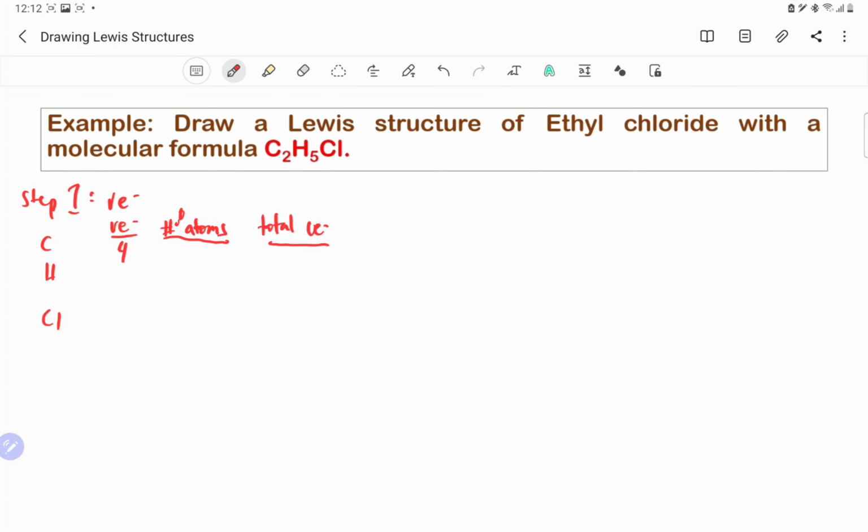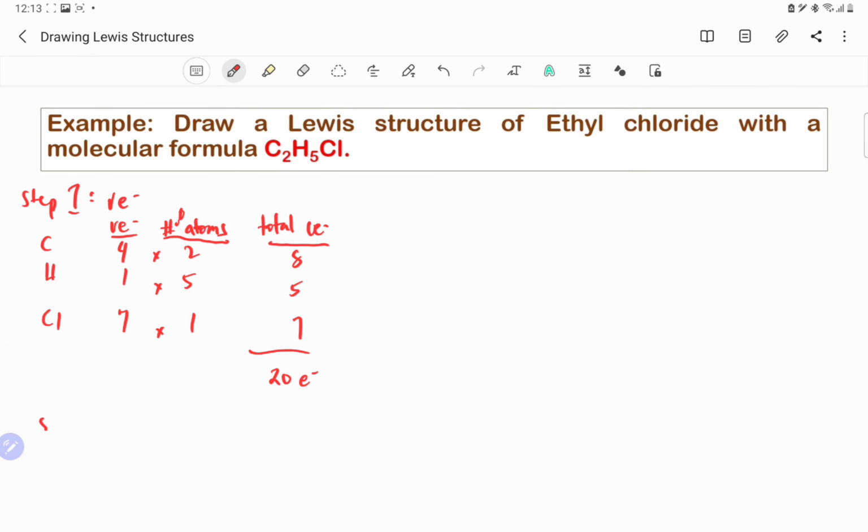Carbon has 4, hydrogen has 1, chlorine has 7, since halogens belong to group 7A. There are 2 carbons, 5 hydrogens, and 1 chlorine atom. So this is 8, this is 5, this is 7. Multiply all this, and you need to sum this up to get 20 electrons.